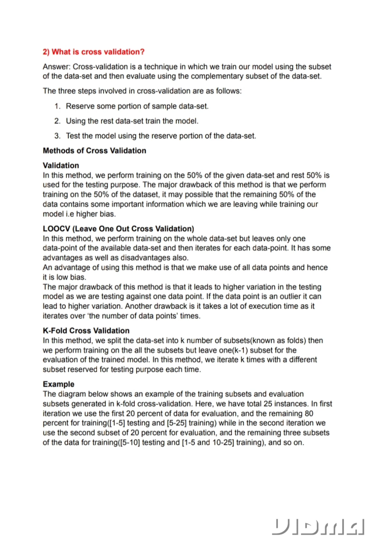In first iteration we use the first 20% of data for evaluation, and the remaining 80% for training, 1 to 5 testing and 5 to 25 training, while in the second iteration we use the second subset of 20% for evaluation, and the remaining 3 subsets of the data for training, 5 to 10 testing and 1 to 5 and 10 to 25 training, and so on.